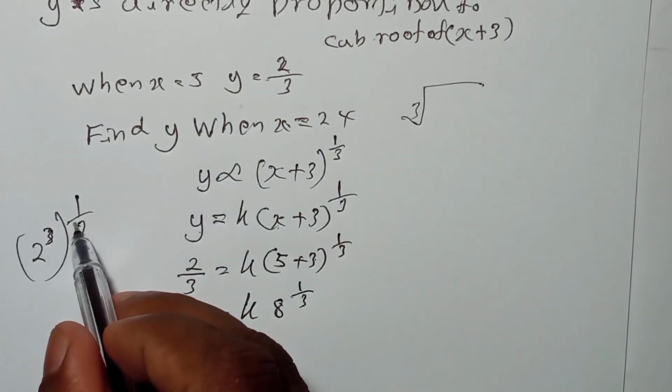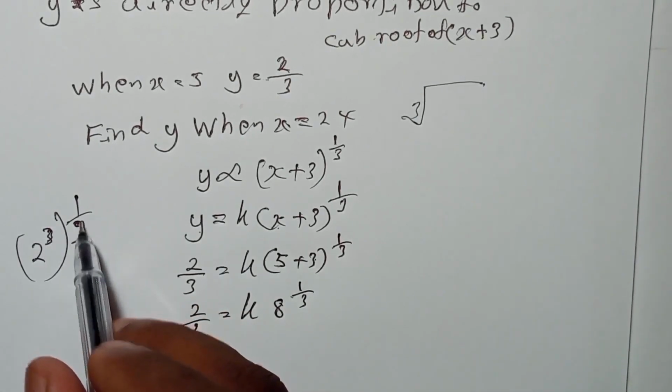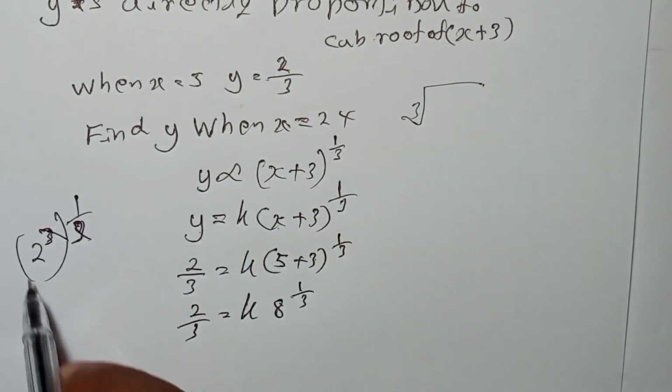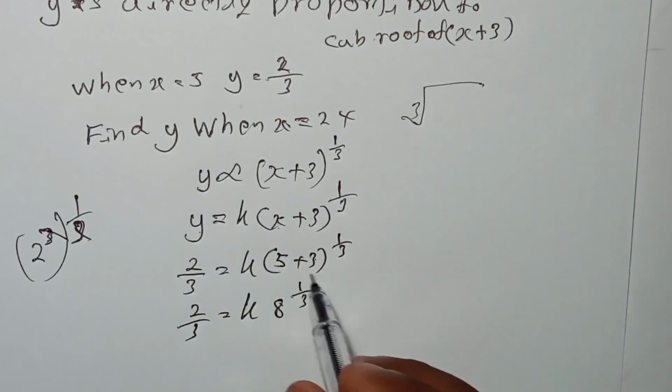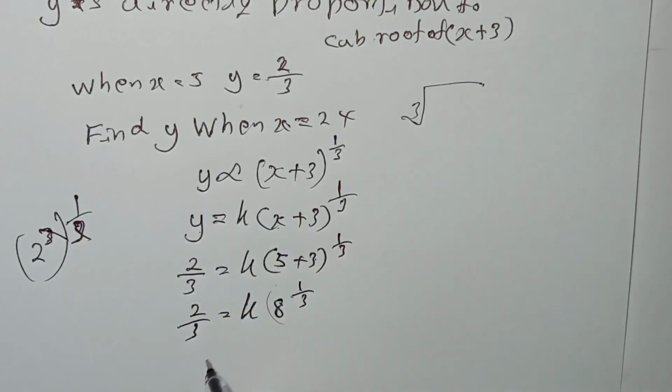What will happen here? This index you can multiply with this, that means the 3 and 3 cancel. So here it will be just 2. So you can write 2 over 3 equals k times 2, or 2k, like this.